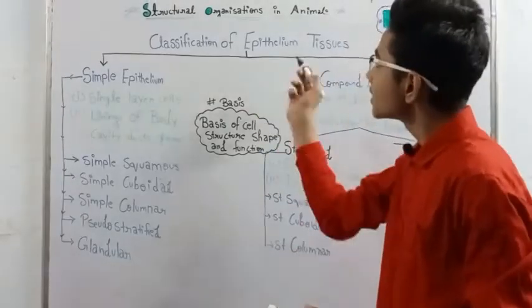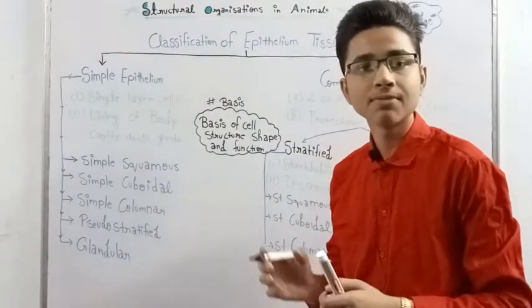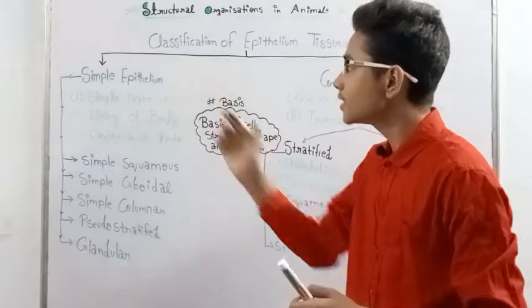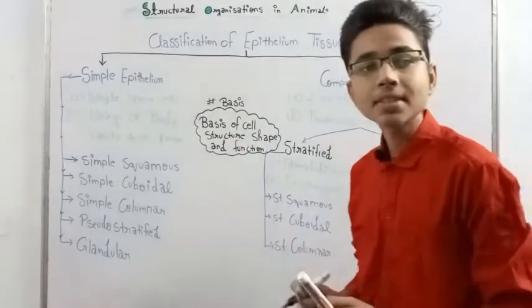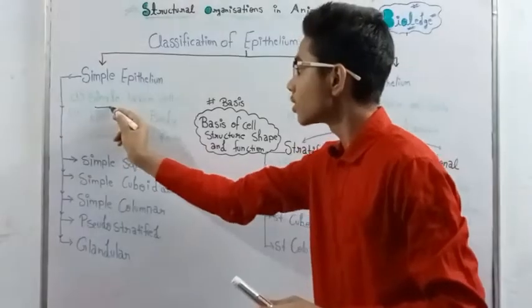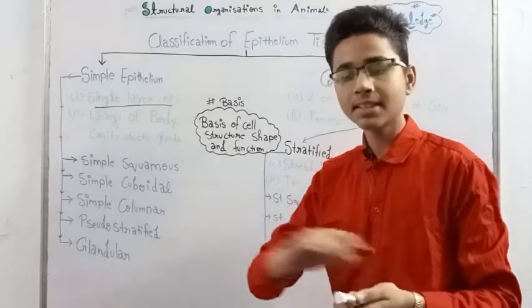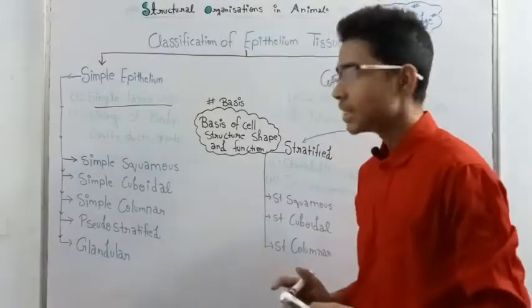When we classify the epithelium tissues on the basis of their structure and functioning, the first type is simple epithelium. As the name suggests, they are simple in nature and have only a single layer of cells. That means a single layer of cells is arranged in a proper sequence.